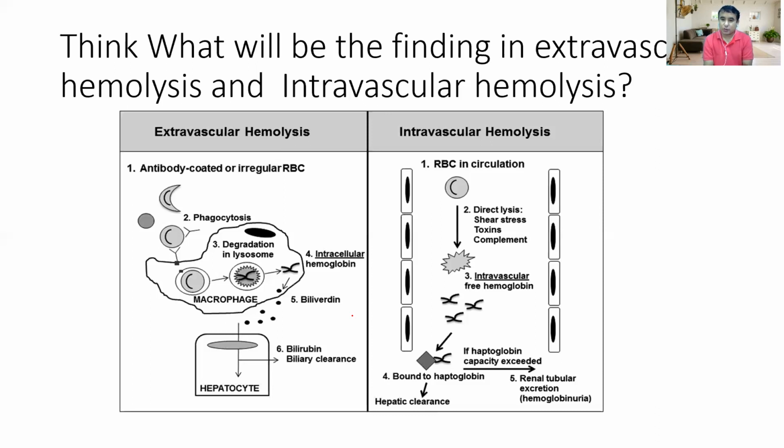So the typical clinical features of intravascular hemolysis are that you see plasma hemoglobin, which you can detect in the lab, you see a reduced haptoglobin level, and you also see hemoglobinuria. So this is the picture of intravascular hemolysis.